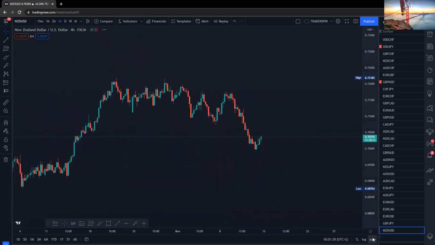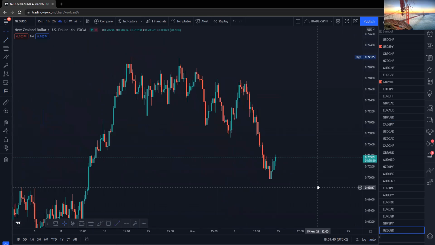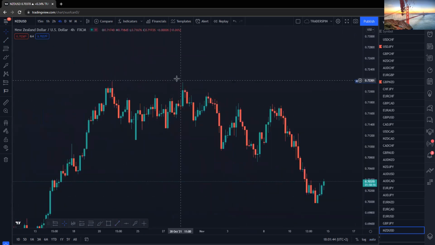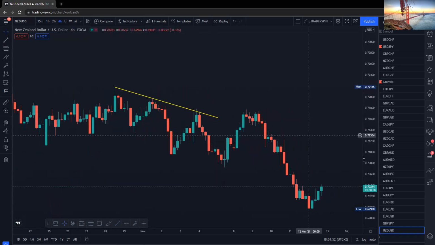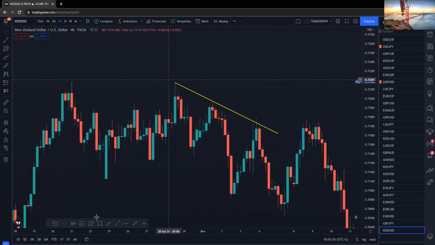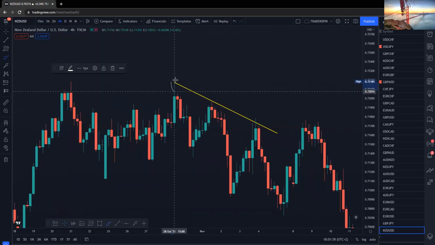I think it was NZD USD, the trade that I complained about missing. Yeah, it was NU. You can see that we have this high, that low, this high, that low, and then I missed this entry here.